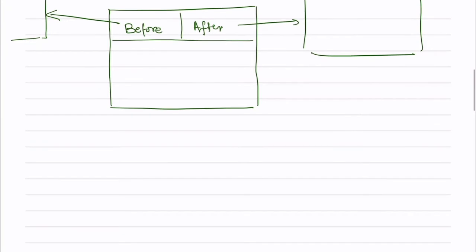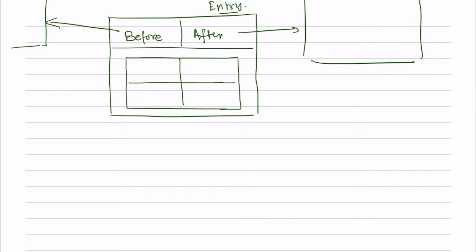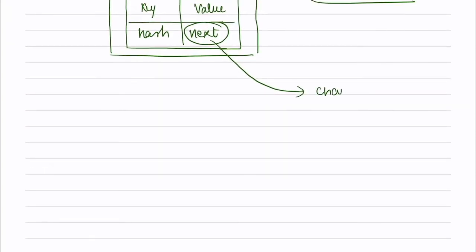This is the entry node which we have discussed above, and inside that there is a hash map node as well, right? So you can imagine something like this: here there will be key, here there will be value, here there will be hash, here there will be next. This next is for maintaining chaining, basically, when collision happens.